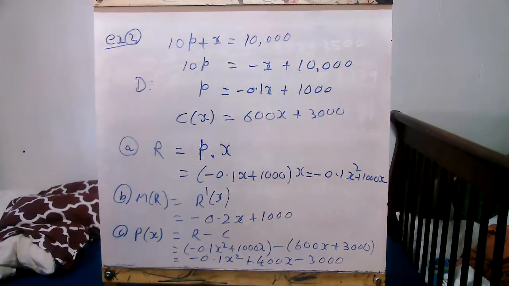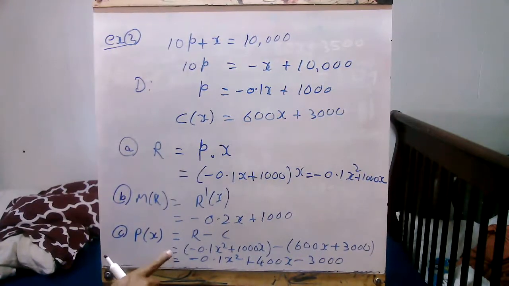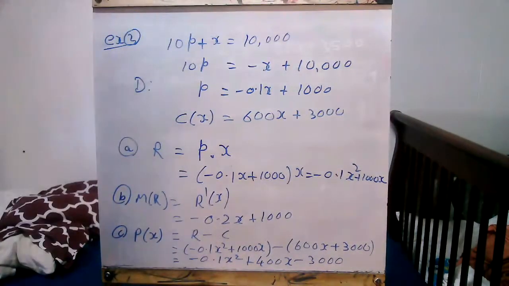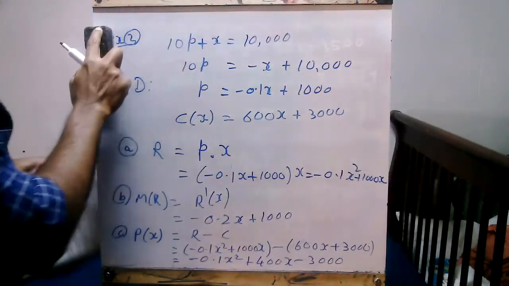Then what's part D? Part D, see, profit function, determine the marginal profit function. Marginal profit function we find by differentiating the profit function. So I'm gonna erase the top part of this problem.